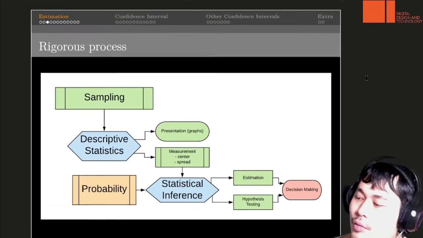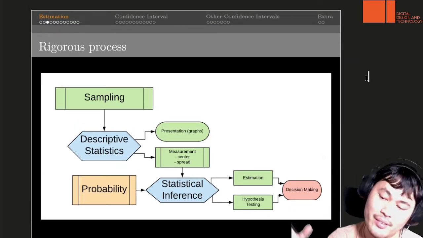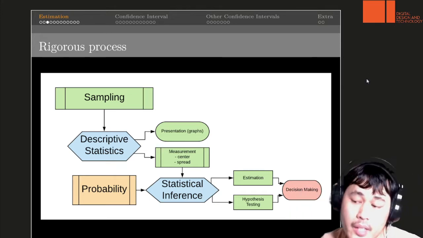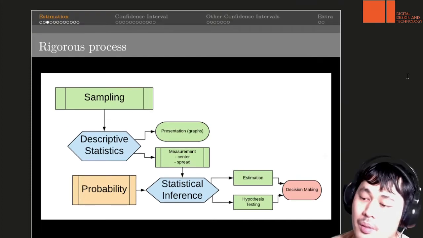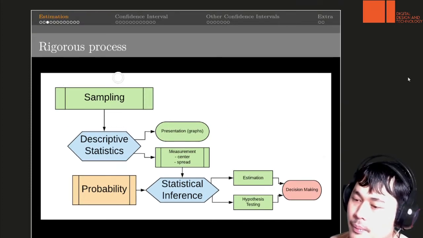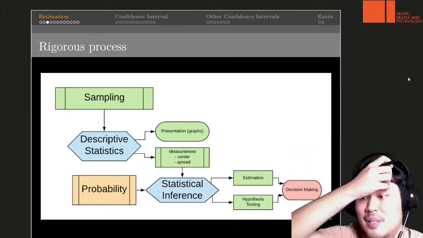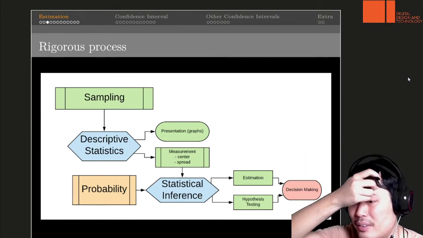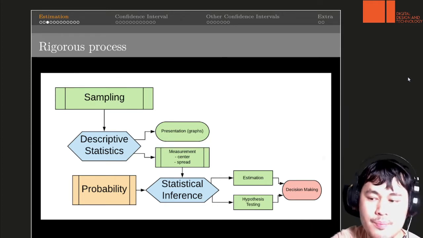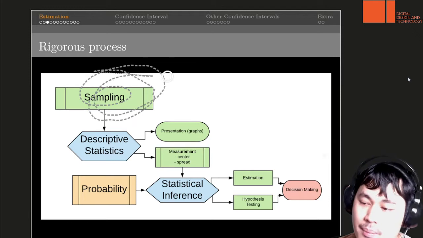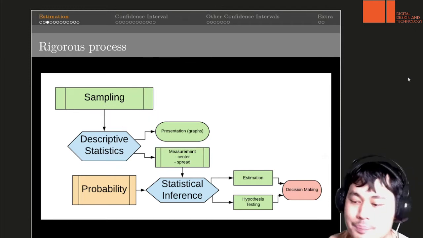If we talk about the whole process, the big picture of what this course is about, everything is condensed into this single image, where we have the process of sampling in the first place, like maybe making a poll or just asking people or looking at some group, and taking some samples, a bunch of objects, and measuring them or weighing them or doing whatever you want to do with them.